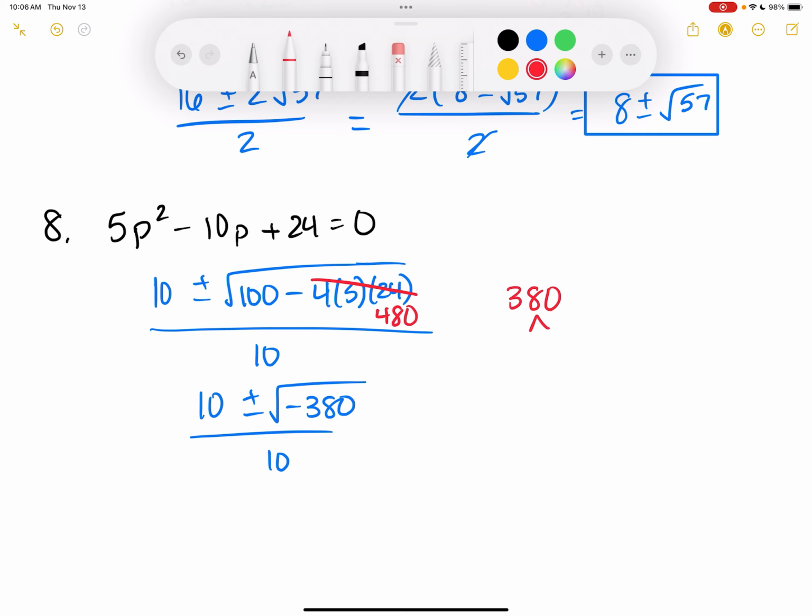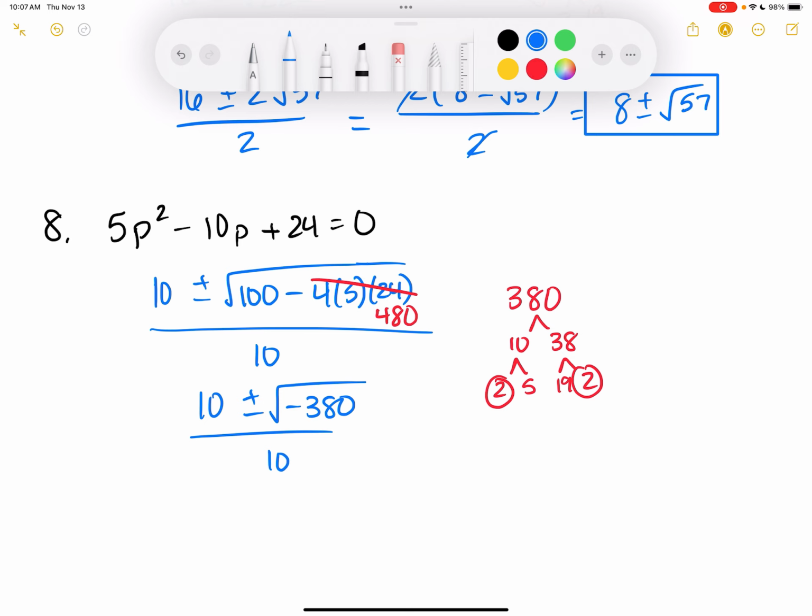Thank you. 190. All right, 10 breaks into 5 and 2. 38 breaks into 19 and 2. So I've got a set of 2's here, and then I've got 5 and 19 left over.